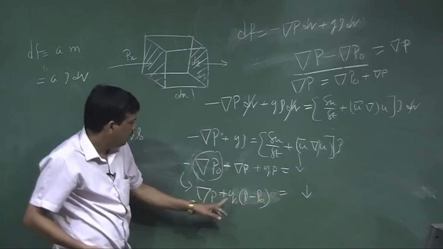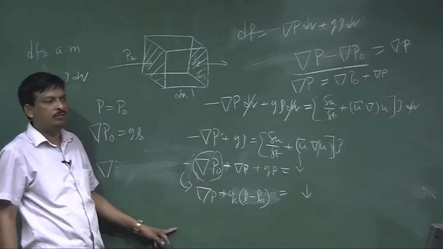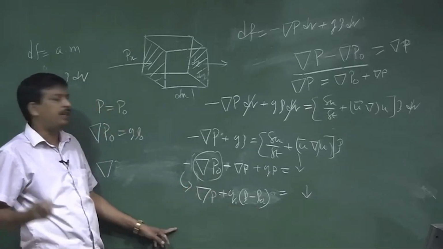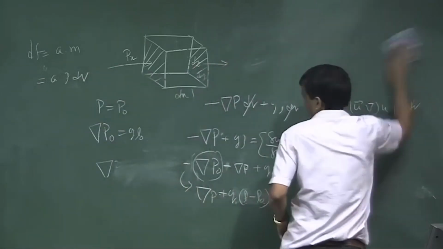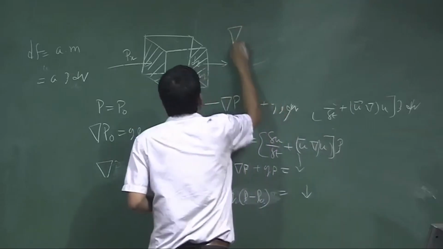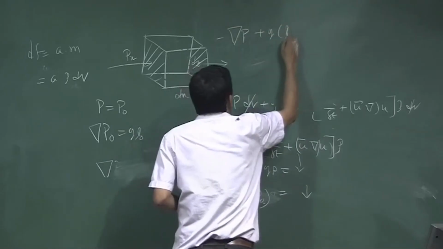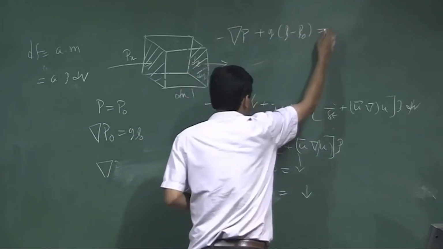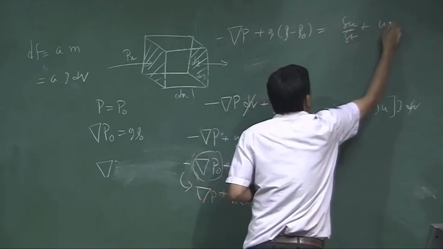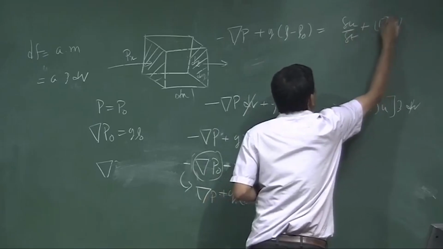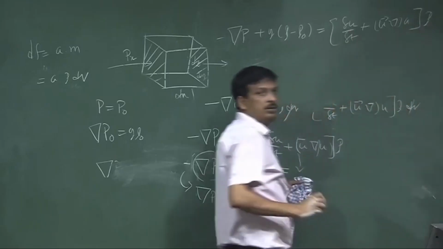Okay. Now, G(ρ minus ρ0), if I divide both sides by ρ0, what will happen? My equation becomes: minus the gradient of acoustic pressure plus G into (ρ minus ρ0) is equal to ∂U/∂T plus U·∇U into ρ. Is that okay?